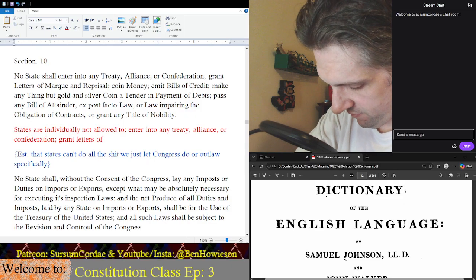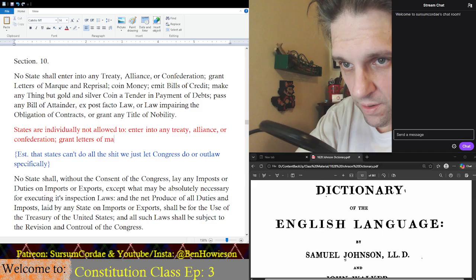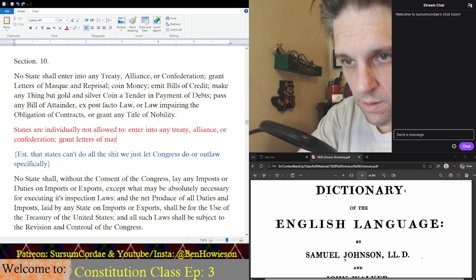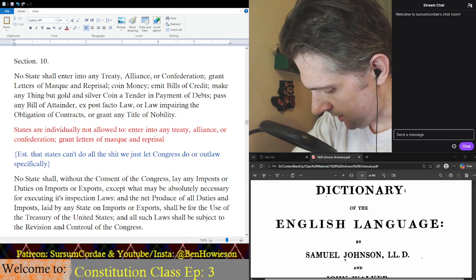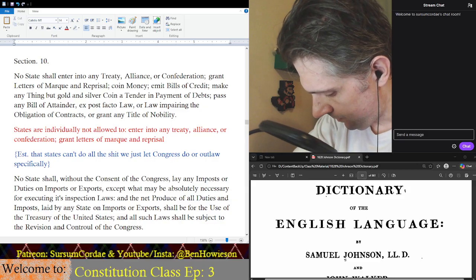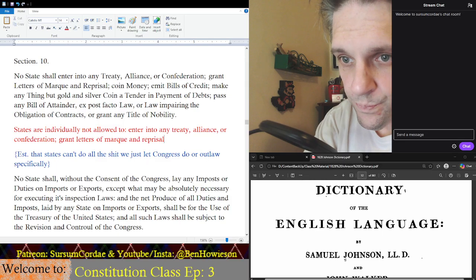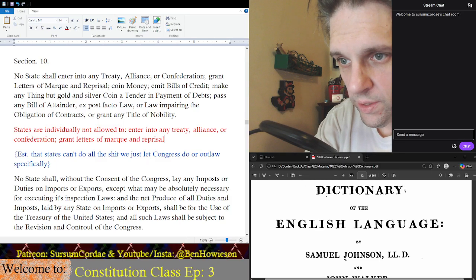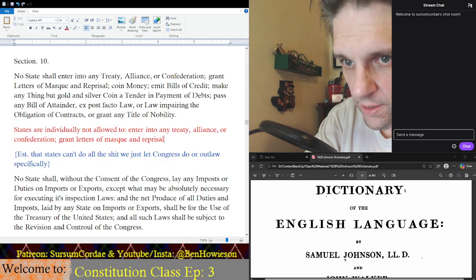Letters of mark and reprisal. Does look a little odd not capitalized, but it's fine. Let's see. States are individually not allowed to enter into any treaty, alliance, or confederation.